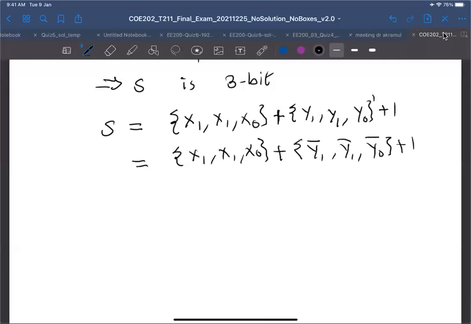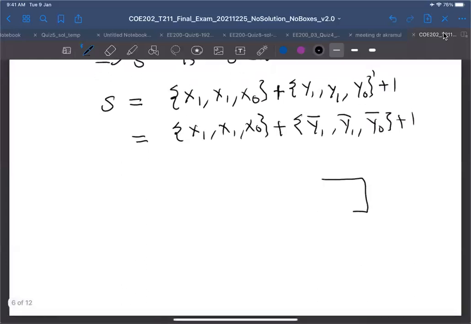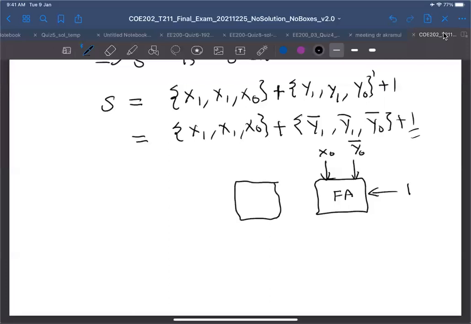So this is your circuit basically. First, you need to calculate the difference. You have a full adder in which the carry in is 1, and you're adding Y0 complement with X0. Then you have another full adder, adding Y1 complement with X1, together with the carry out from the previous stage.